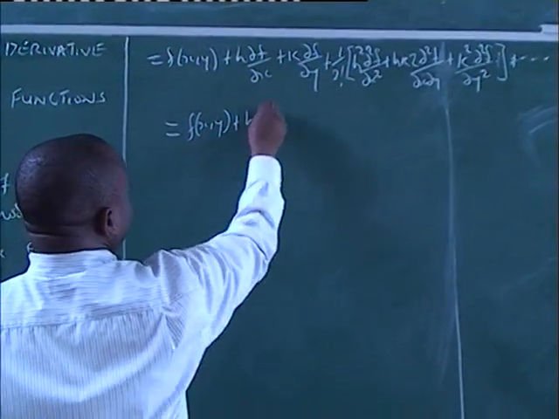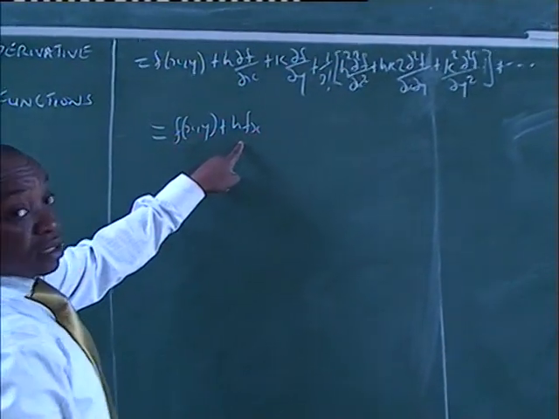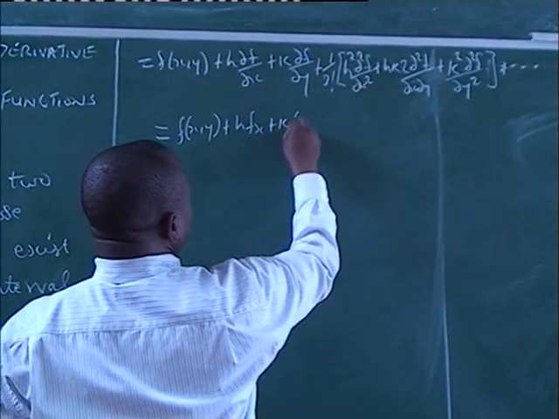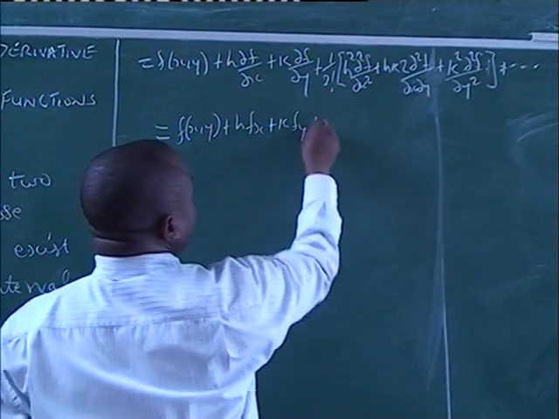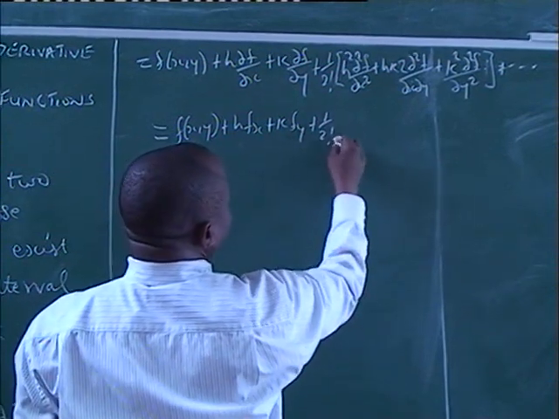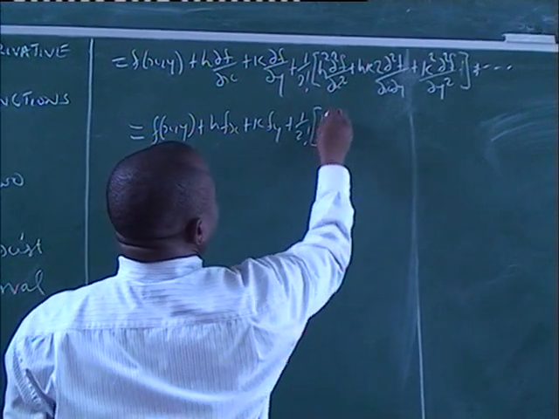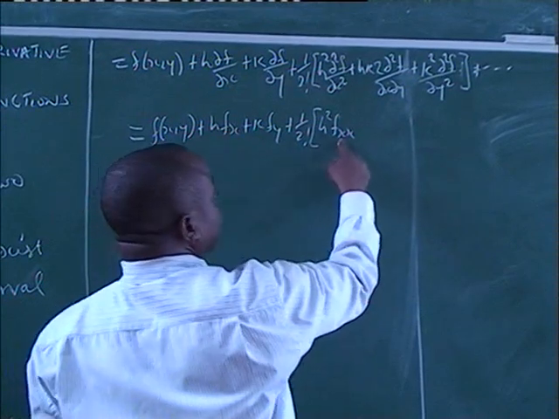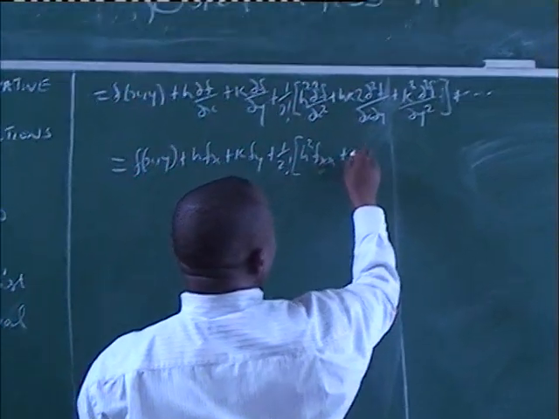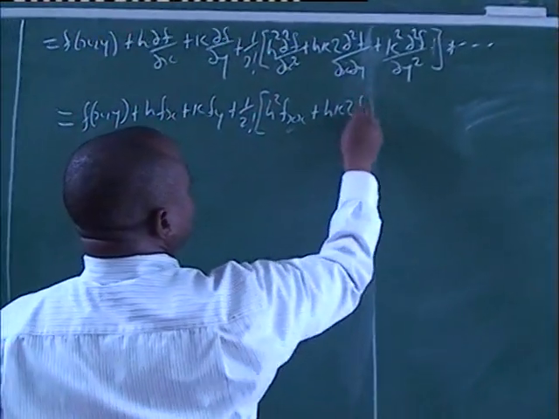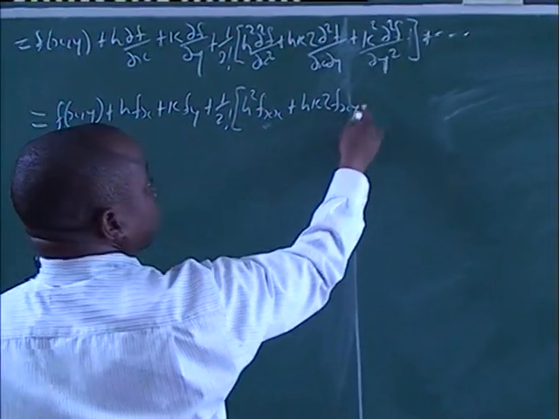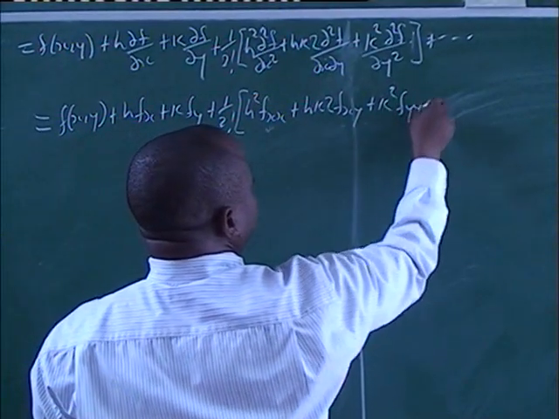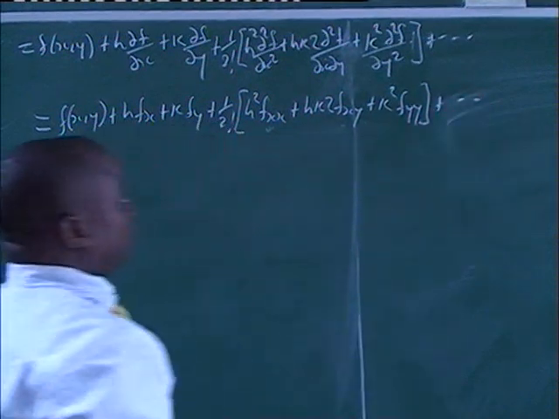This is h partial f partial x plus k partial f partial y, plus 1 over 2 factorial, then I will have h squared second partial of x plus hk 2 partial, the cross, plus k squared second partial of y.